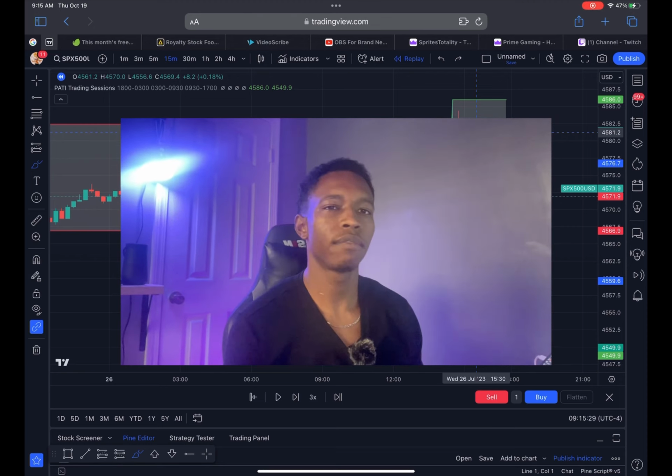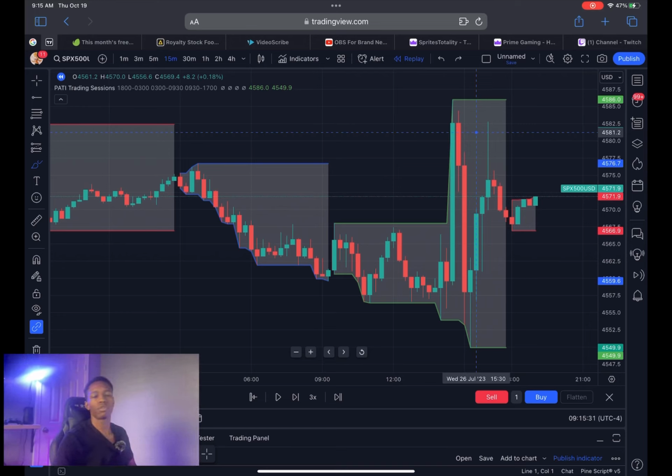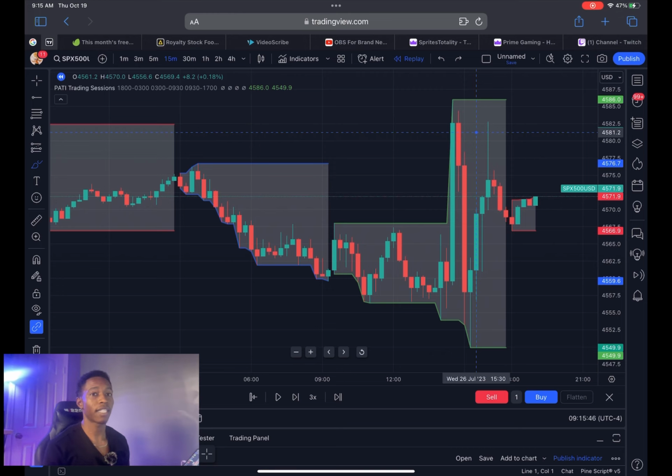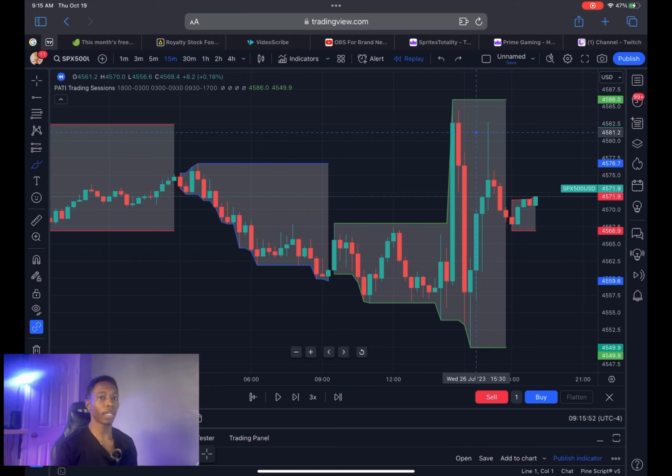But how I can kind of mitigate those areas of improbability is by checking the time of the day and what's going on. So this is around the end of New York session. When you see this, you'll see that this is not a good time to trade. If it was a good time to trade and it was going to be going down, then it would have been happening a little bit earlier.